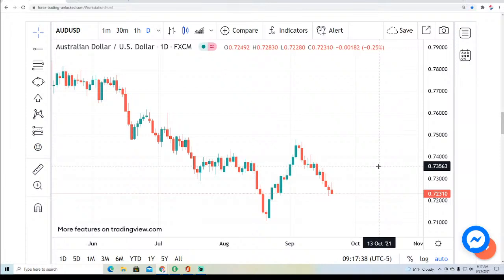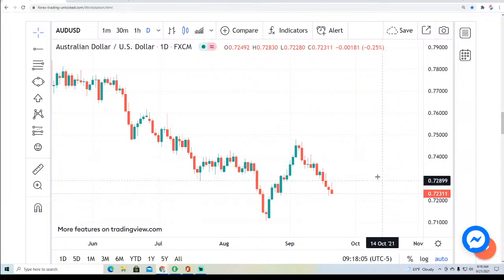The lockdowns are no joke in Australia, folks, and they're getting more severe. My prediction is that, the way things are going, the Australian dollar, US dollar will remain in this bear trend for every bit of the next 6 to 12 months. There's no reason right now to even expect or think that anything is going to change.